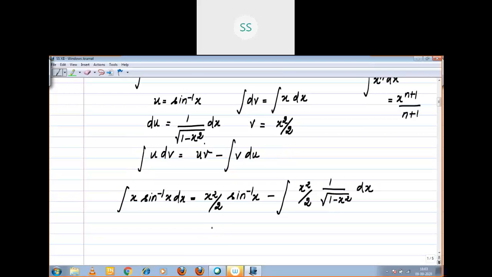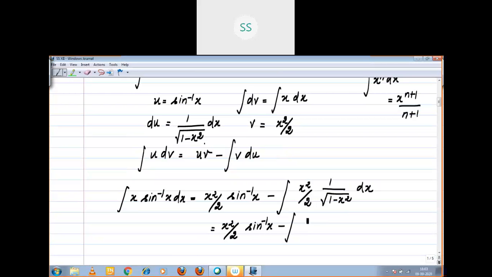Yes. Now, x square by 2 sine inverse x minus, this one I am going to modify by using the denominator. I am going to modify, then only I can integrate. How I am going to modify? I am going to add 1 and subtract 1, right, children?